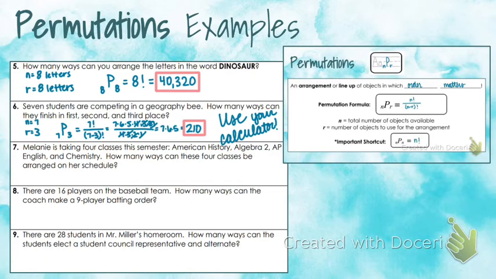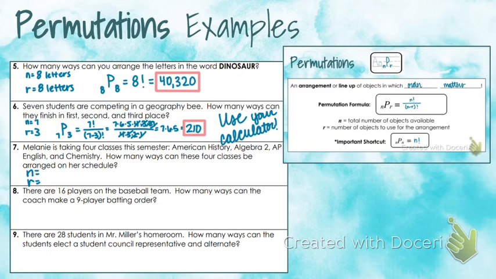Okay, so let's look at number 7 now. Melanie is taking 4 classes this semester: American History, Algebra 2, AP English, and Chemistry. How many ways can these 4 classes be arranged on her schedule? So she is taking 4 classes, so we have to choose what n and r are. n is how many possible classes?